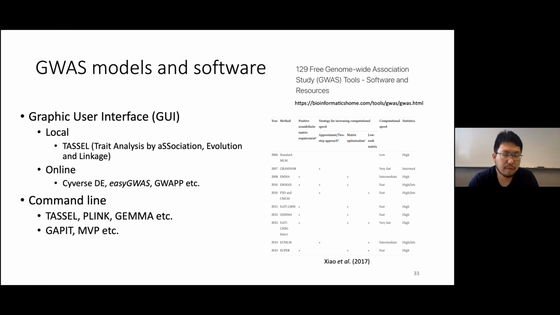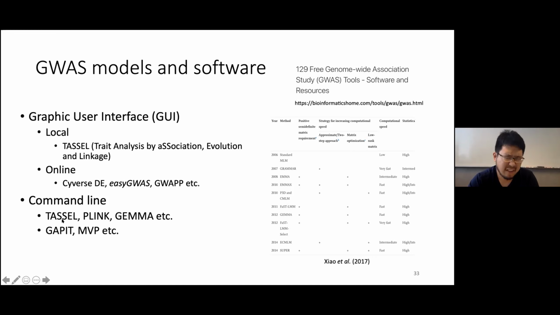There is software that can do both, like TASSEL, and there are also some online portals for conducting genome-wide association studies by dragging and clicking, like the CyVerse Discovery Environment, Easy GWAS portal, and GWAPP. These last two were designed for Arabidopsis.